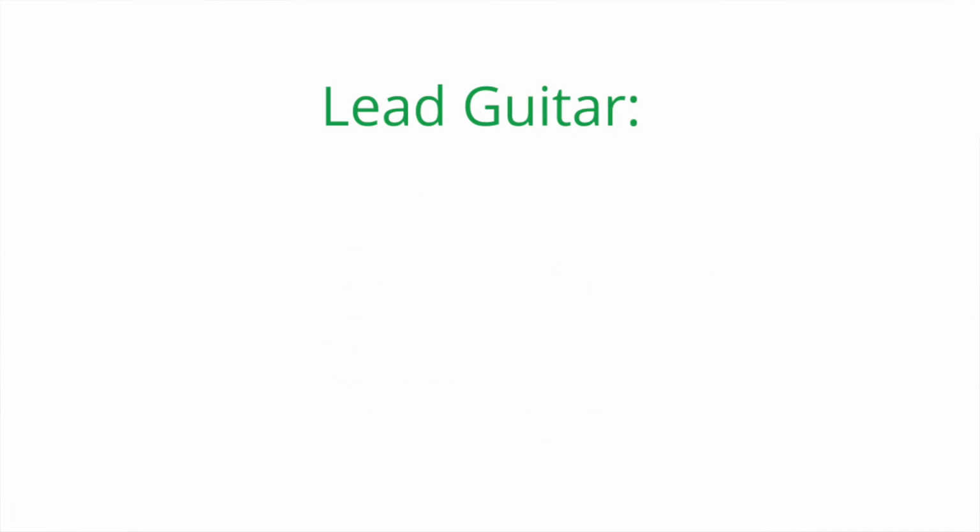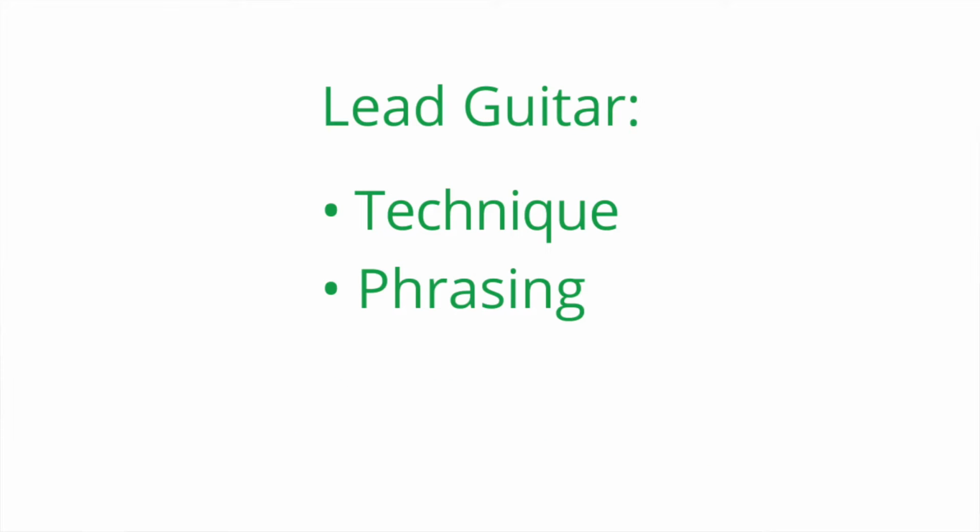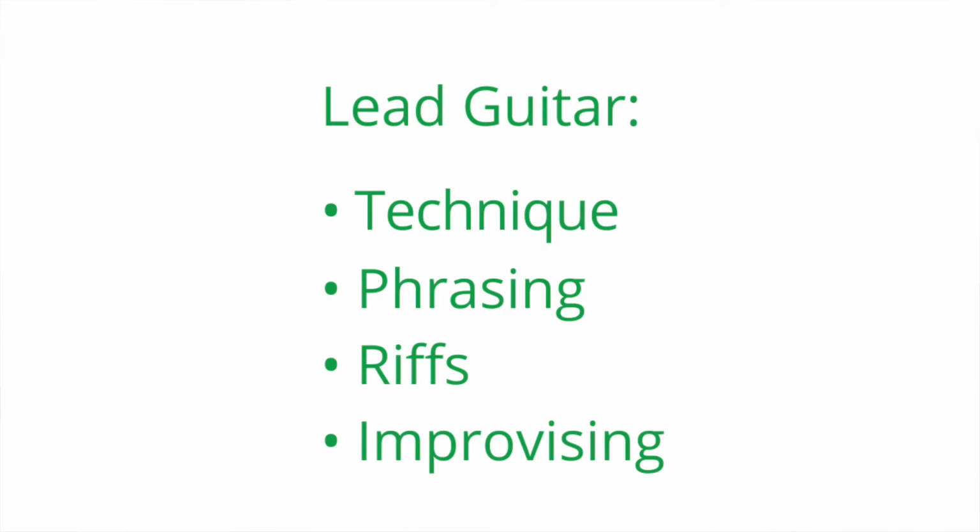And with lead guitar, we might work on technique, phrasing, riffs, improvising. What you saw there is the top layer is the category, the broader area of your guitar playing, and underneath are very specific things that you need to work on to make ground, move the needle, if you like, in that particular category.